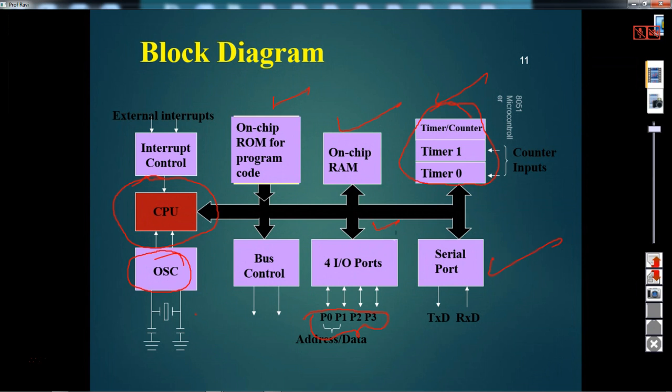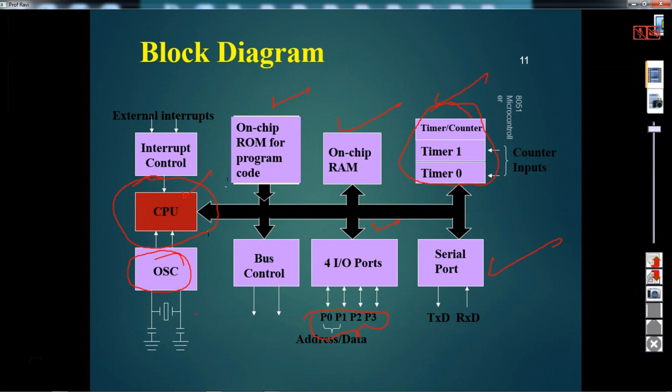Serial port means the parallel data has to be converted into serial data, or the serial data received has to be converted into parallel data, because the CPU is a parallel device, right? If it is an 8-bit processor, it will use 8 bits at a time. If it is a 16-bit processor, 16 bits at a time. Is it all right? So now this is the block diagram.